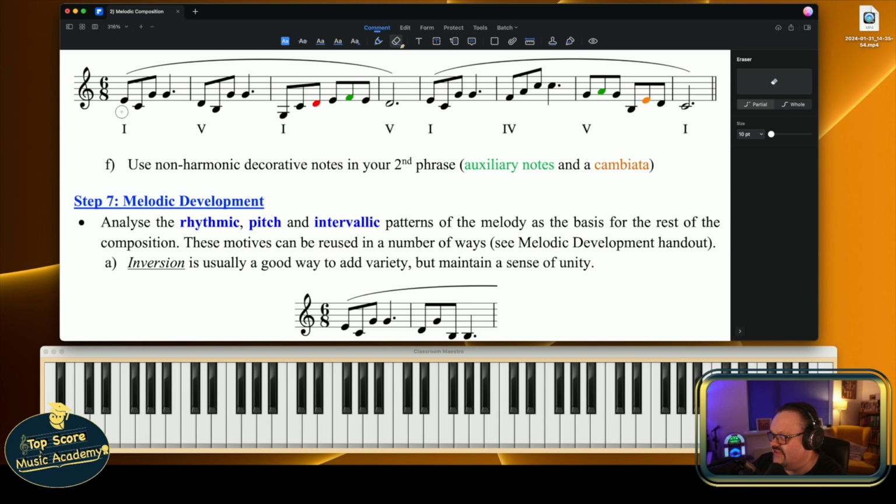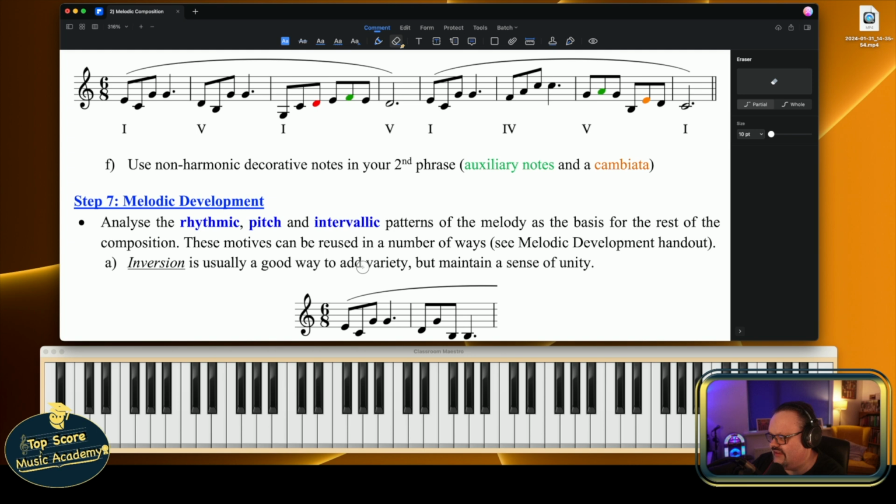And you may want to just develop the first bar and use it as like an ascending sequence or something. Or the intervallic patterns, so like the idea of the major third going up to a perfect fifth. We could transpose that into another key. So yeah, these are all ideas for developing your melody later on.